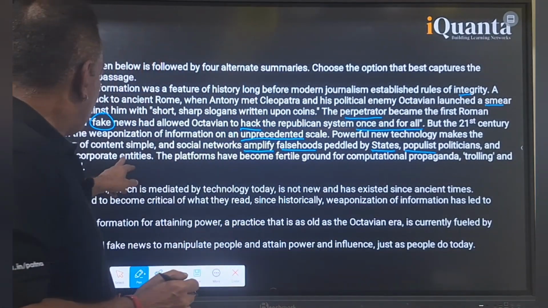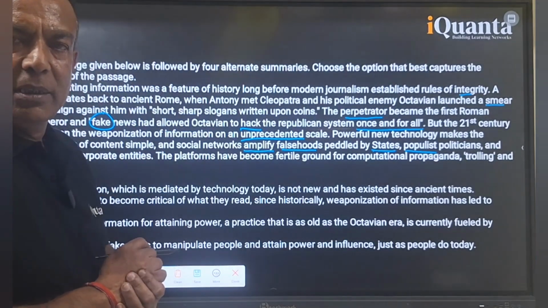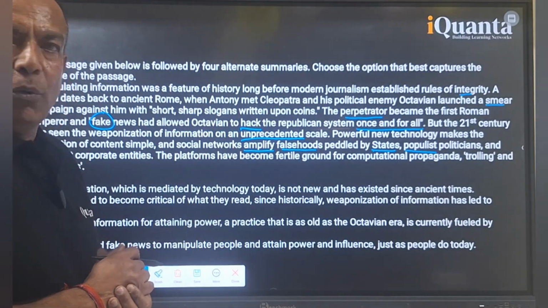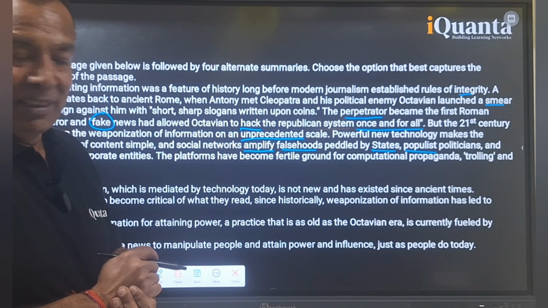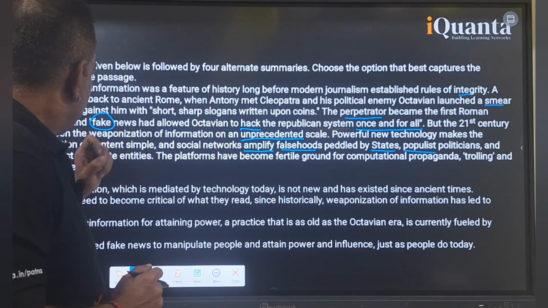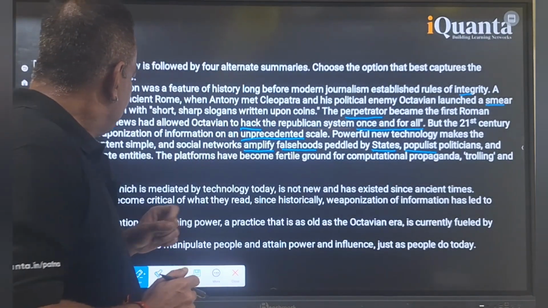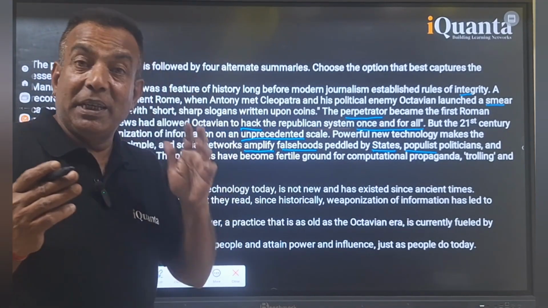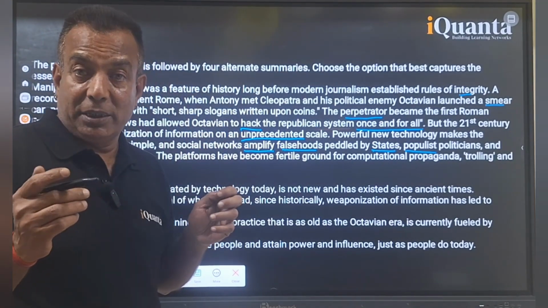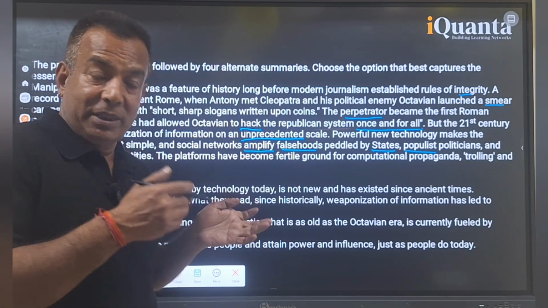And dishonest corporate entities, dishonest, people who are not honest, they don't have integrity. Dishonest corporate entities, that is corporate, obviously the business class, all the companies, big companies who are dishonest, they also take part in this kind of thing.